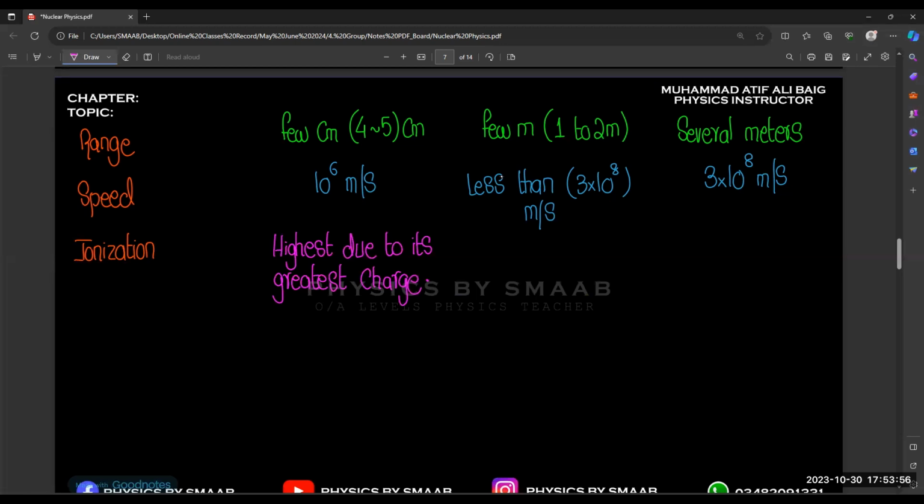It absorbs electrons and turns into a helium atom. Clear?